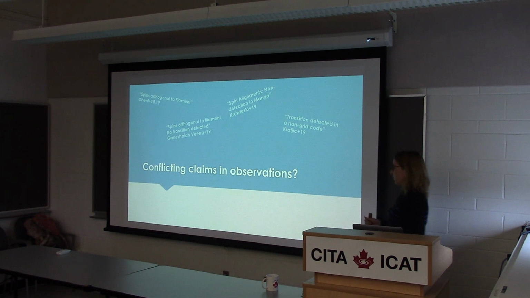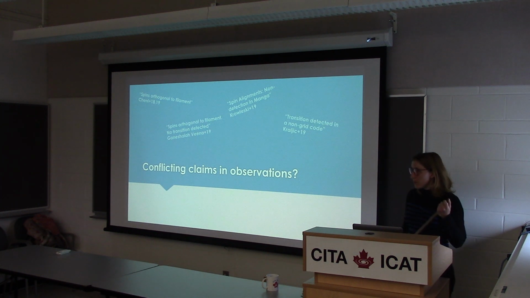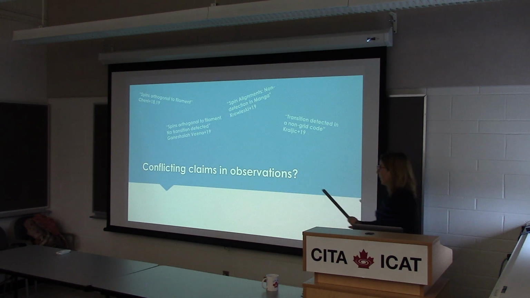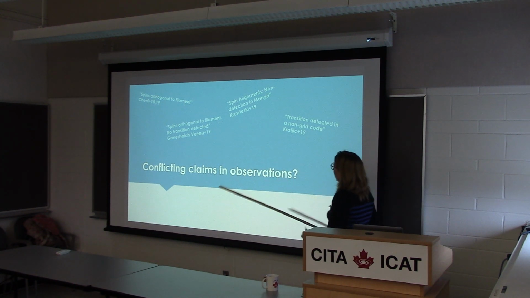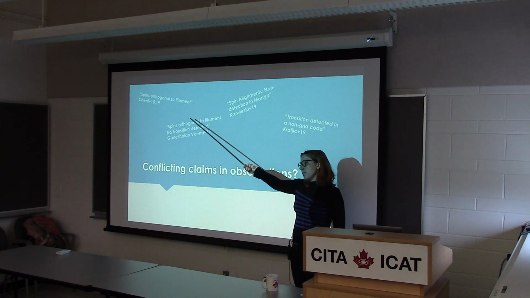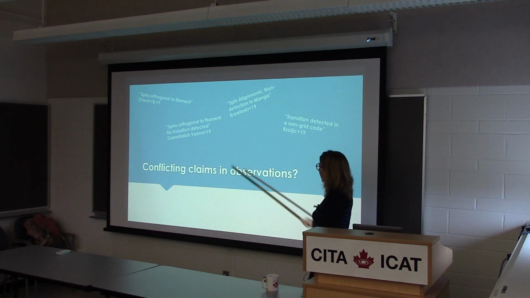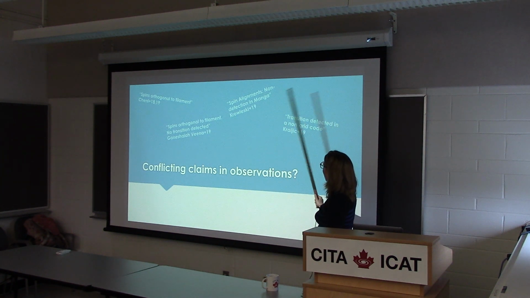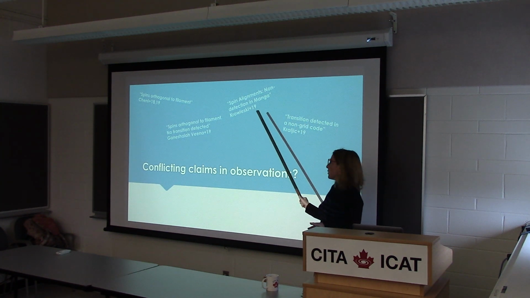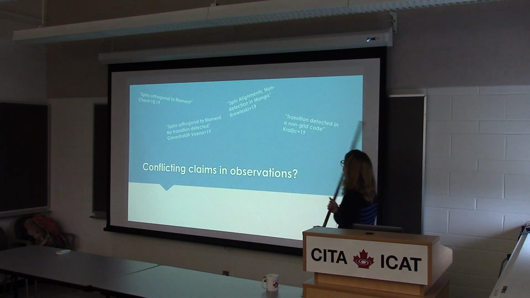If you look at the literature on the subject of spin alignments in the cosmic web, if you look at the abstracts, you're going to find a lot of apparently inconsistent claims. You're going to find all spins orthogonal to filament, or spin orthogonal to filament, no transition detected, or no detection at all for any kind of spin alignment. That's a recent one.